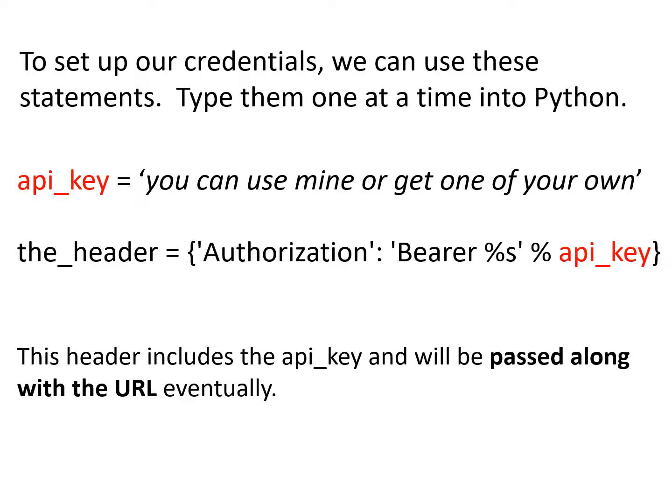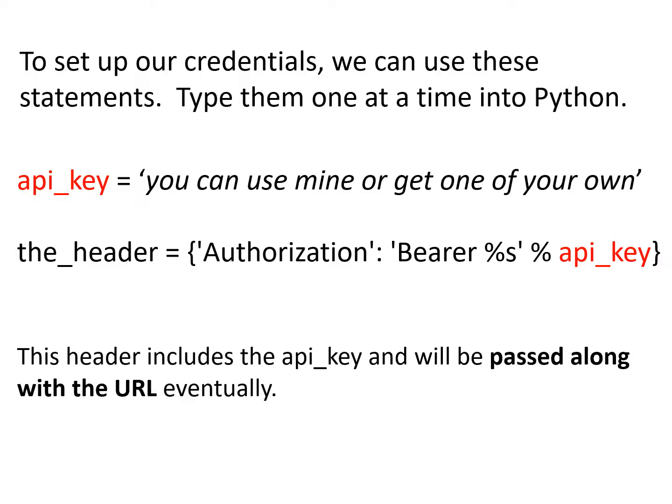And then the header, we can call this anything we want, is how we're going to be sending in the API key. If you see in that second command at the very end, it says API key. So whatever we have saved in our variable called API key is going to go in right there.